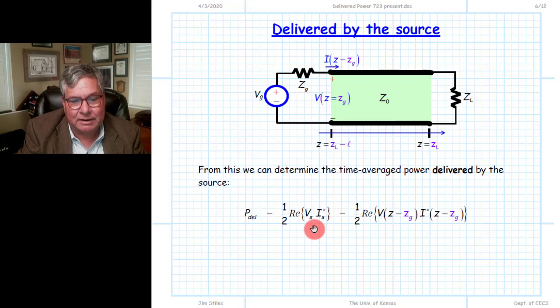If we were to get a negative number, then we would conclude that the energy was flowing from right to left. But of course, in this case, we're going to get a positive value because the energy is being delivered by the source, is coming out of the source, and then is flowing down the transmission line where it is going down the drain, being absorbed ultimately by the load on the other end.